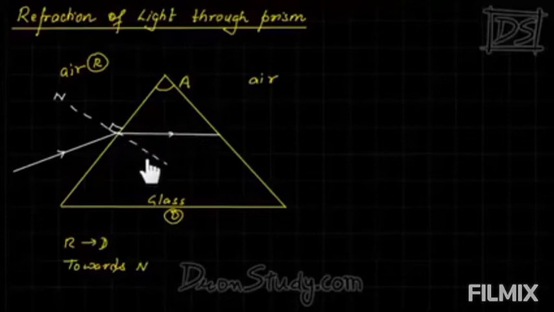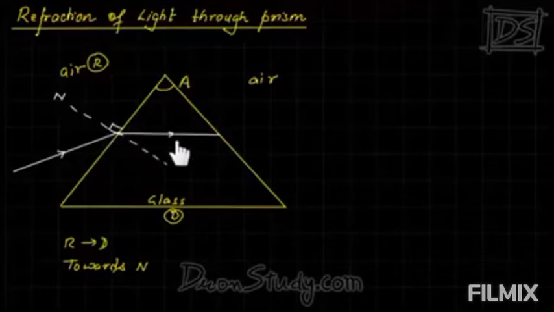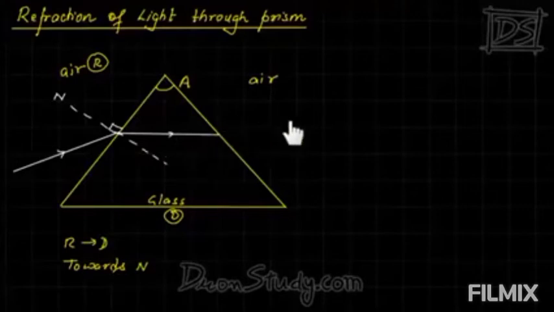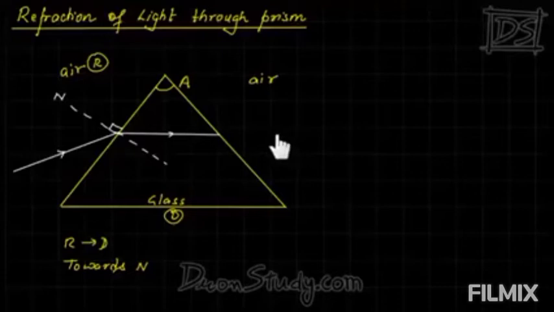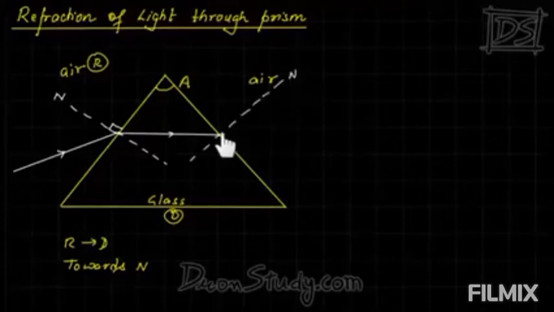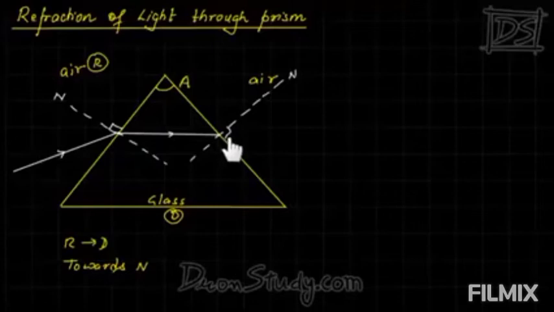Now when we look at the ray, this ray is in the glass, which is a denser medium, and it wants to go out from the region. This is going out, that means denser to rarer, so it should go away from the normal. When we want to draw the normal line, this dotted line is the normal, which is 90 degrees to the medium.